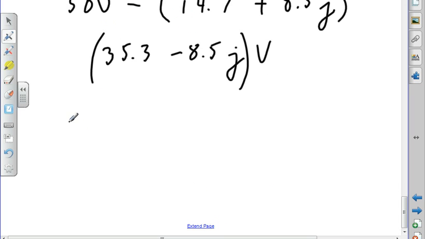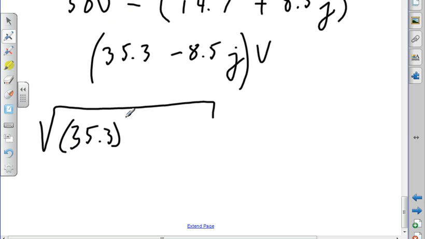We're going to change that to polar form. 35.3 squared plus 8.5 squared equals. Stupid calculator.